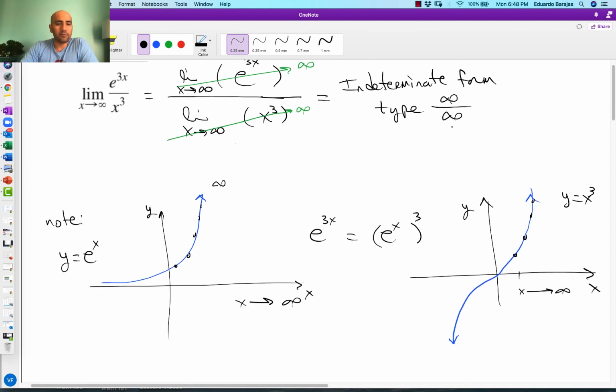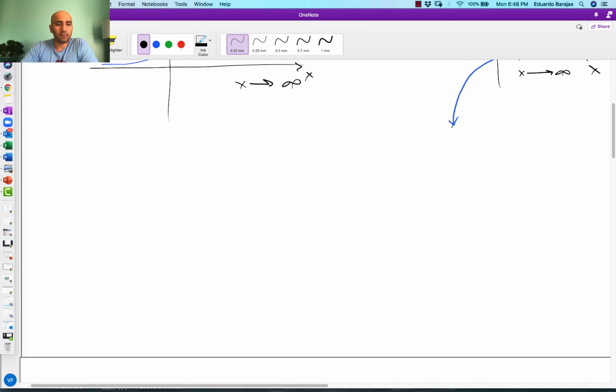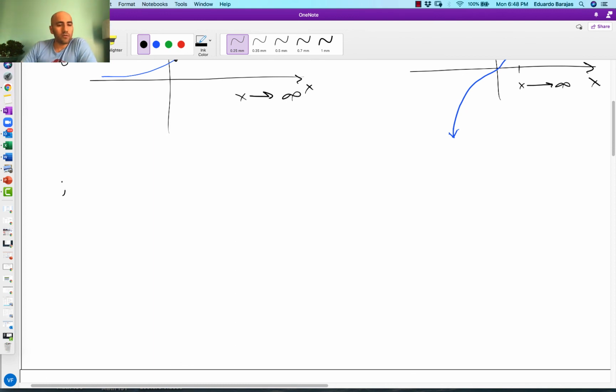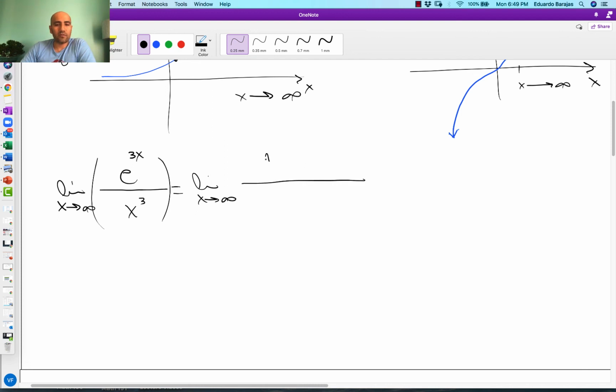Let's rewrite it down here. The limit as x approaches positive infinity of e to the 3x divided by x to the third power is equal to, right, so we have this ratio here, the limit as x approaches infinity of, and now we take derivatives, the derivative with respect to x of e to the 3x divided by the derivative with respect to x of x to the third power, right?